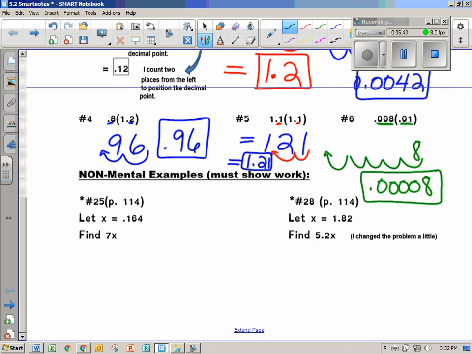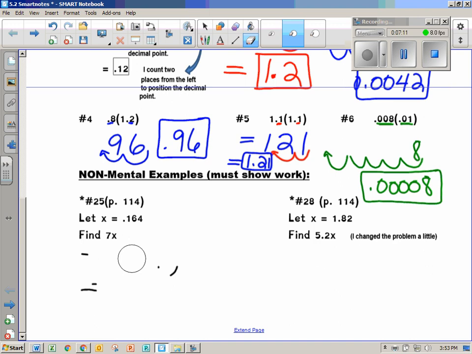It gives you a value for x, and then it says find 7x. So basically that just means substitute for x. So I'm going to substitute 0.164. So I need to multiply this. When you multiply, I really want you to do the multiplication vertically. I'm just writing this horizontally over here just to see the problem, but you don't have to do that.